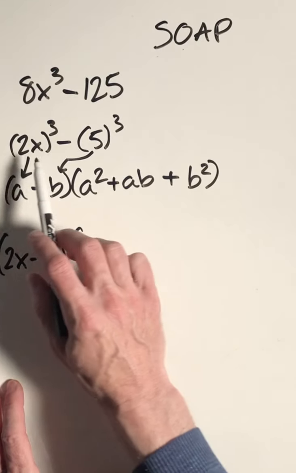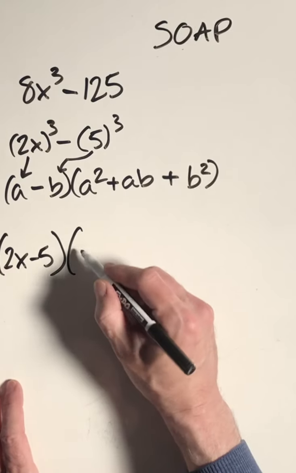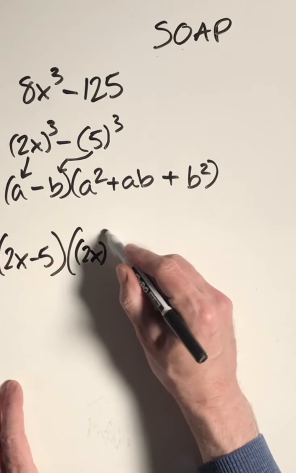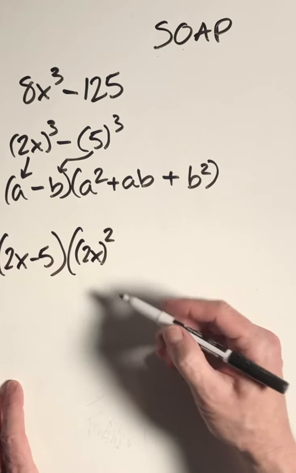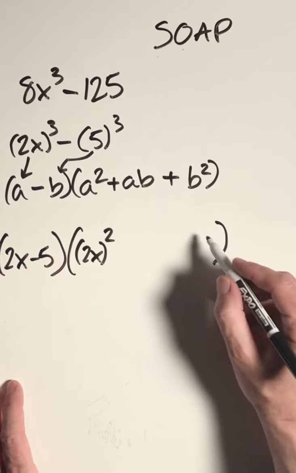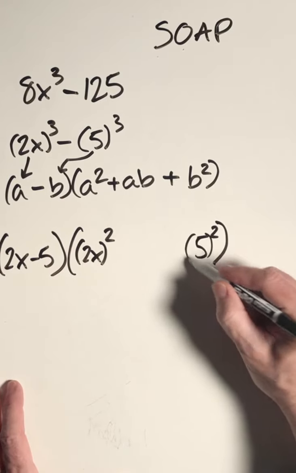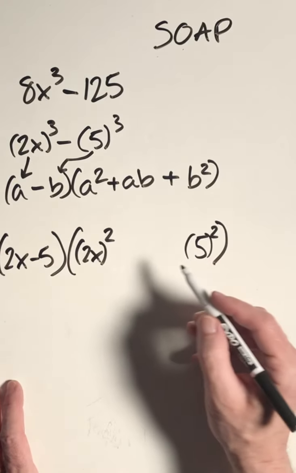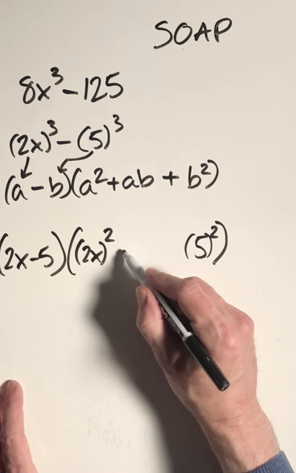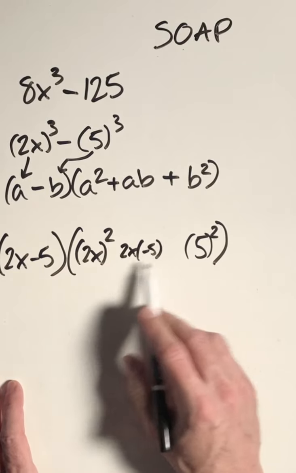Now my a, since it is a variable term with a coefficient, I need to square everything, so I'm going to write the entire term in there, 2x squared, and I'll simplify it later. The last term here is going to be b squared. Well, that's really going to be 5 squared, and again, I'll simplify this later for you. And the middle is going to be a times b. Well, that's really 2x times negative 5, so that would really be 2x times negative 5 in the middle.